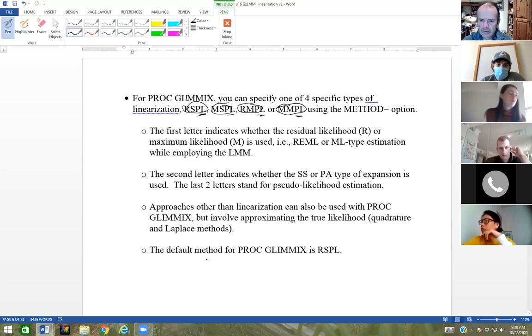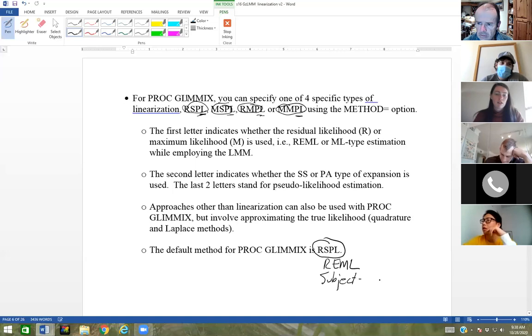So the actual default method, if you don't say method equals anything, we know that there's always defaults. This is true for SAS and R. In PROC GLIMMIX, if you don't say anything, the default method is RSPL. So that would be using a REML type approach, using subject specific, pseudo likelihood approach.